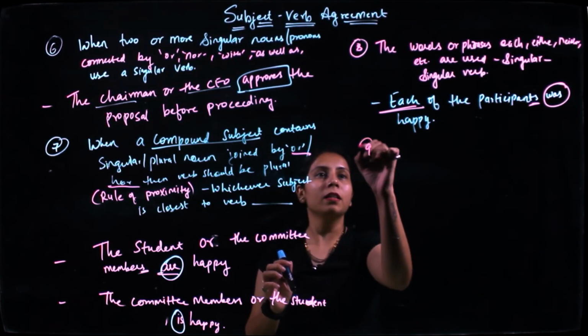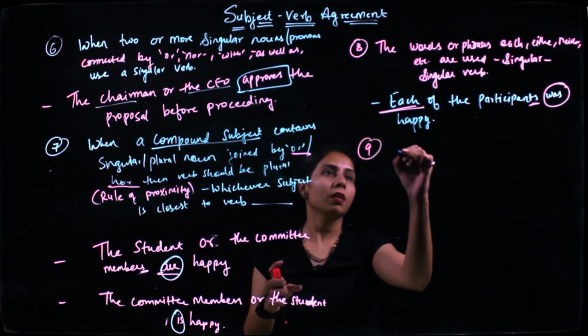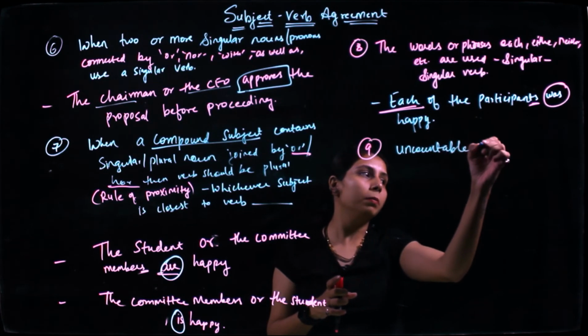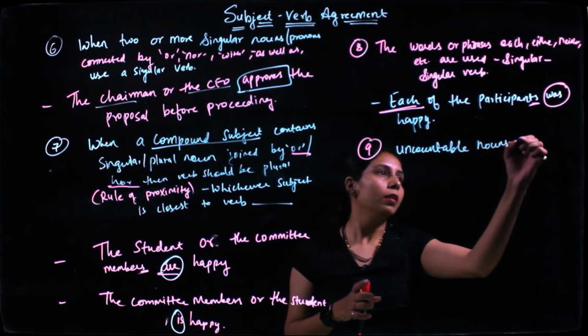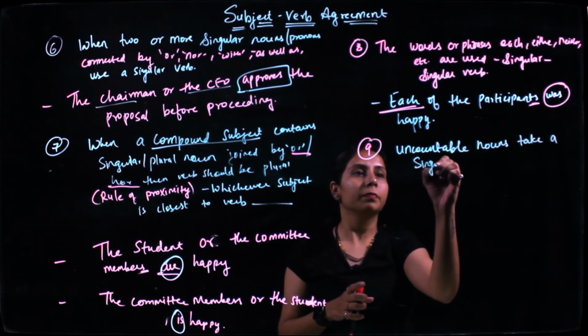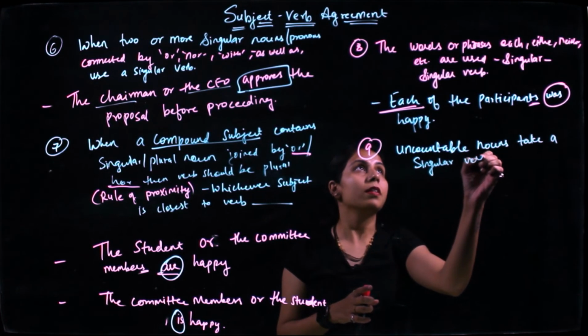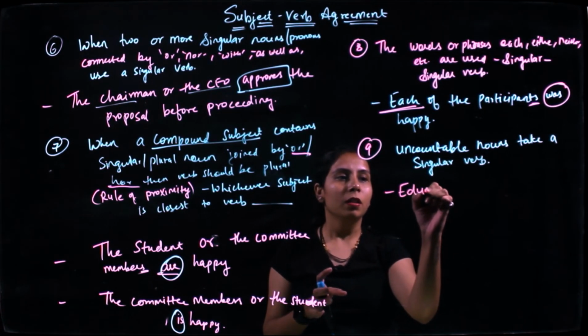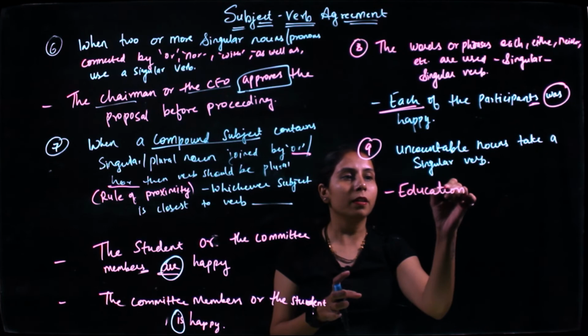Okay. Ninth rule. When uncountable nouns are there, uncountable nouns take a singular verb. Like we say education. Now education you can't count.